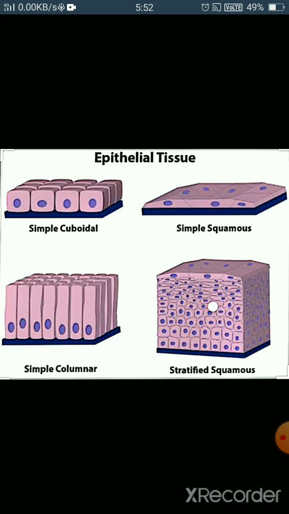Cilia are thin, hair-like projections which help in movement. The cilia can move, and their movement pushes the mucus forward to clear it. So columnar tissues are present in the intestine to clean it, right? So these are the different types of epithelial tissues and they have different functions.